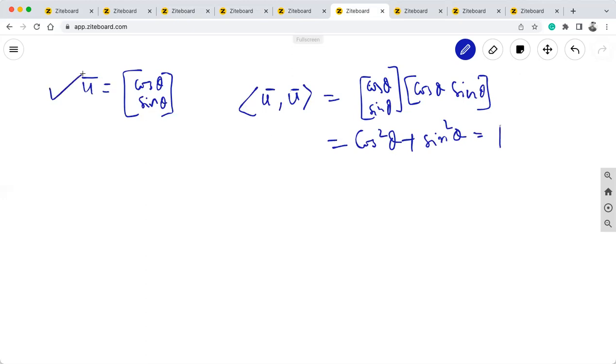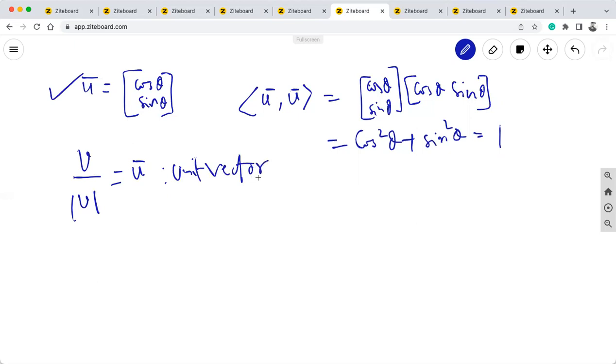Now see that any vector v, if you divide by its length, you will get a unit vector. We are just recapitulating this part from our childhood study.